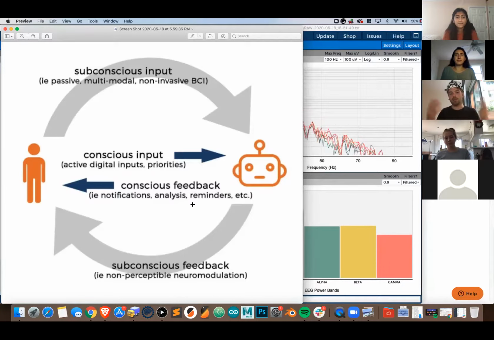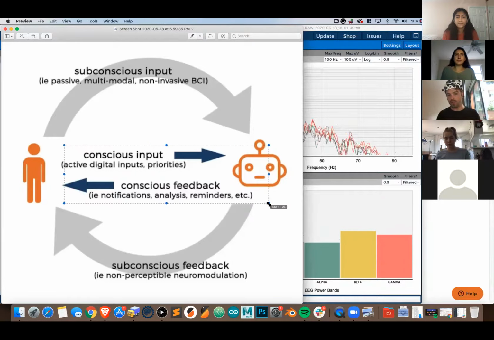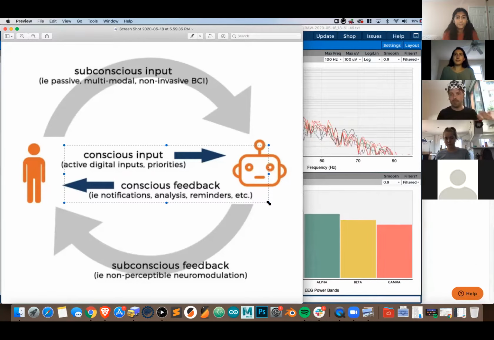It's this idea of closed loop computing, where you as a human, or as your mind, you have this subconscious input to an AI agent that's operating in the background of your technology. Where we are right now is very much in this central region, where we consciously interact with our machines, and we have conscious feedback where we see emails, we see notifications, we get information that we perceive asynchronously, and then we operate and we do other things.